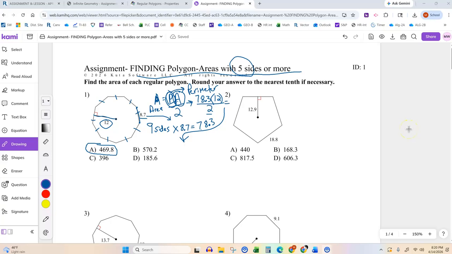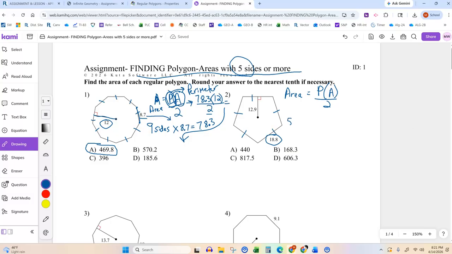Okay, so now we're doing number 2. The first thing we want to determine is, again, here's a formula. The area equals P times A, so the area equals perimeter times A divided by 2. What's the perimeter? Well, one side is 18.8, but there's 1, 2, 3, 4, 5 sides.